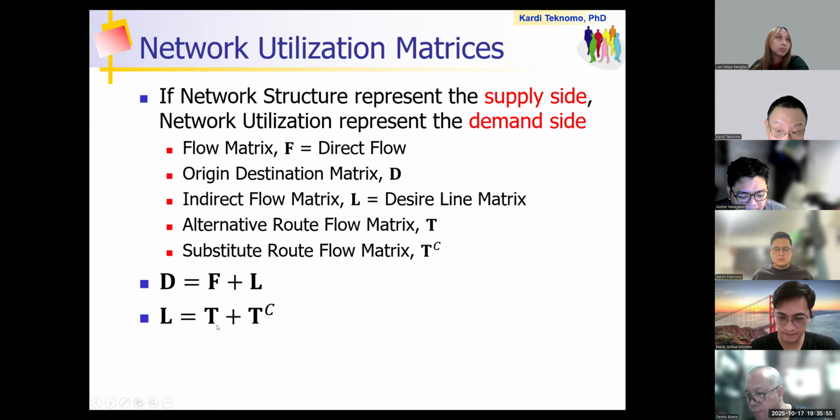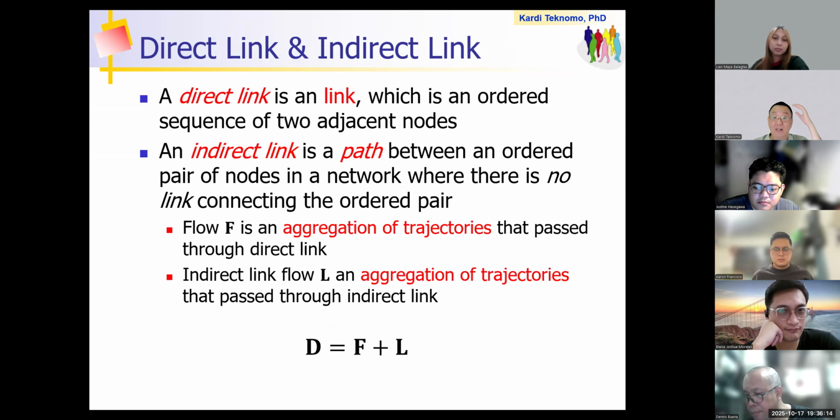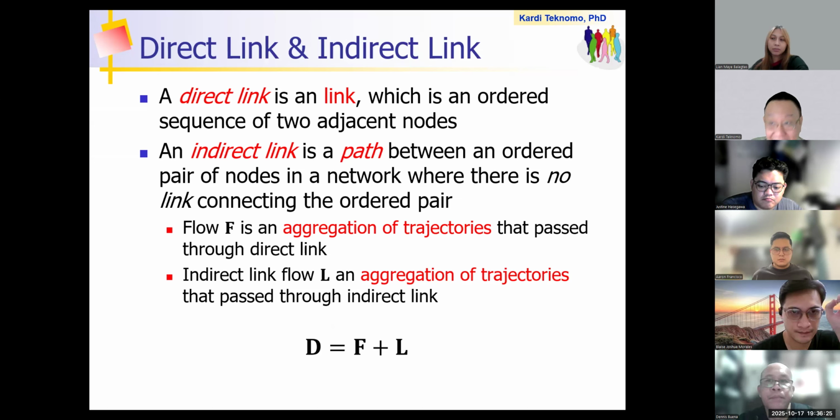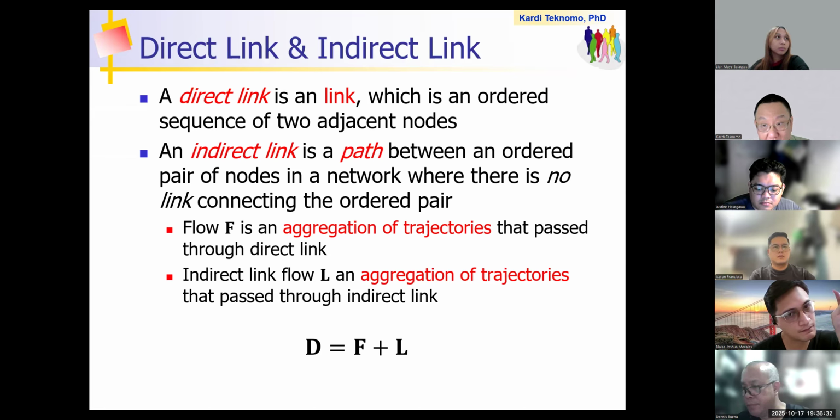This can be divided again into two complementary matrices, alternative and substitute. So L is T and TC, that means a substitute and its complement. Let's define this. A direct link is a link, which is an ordered sequence of two adjacent nodes, while an indirect link is actually a path between two ordered pair of nodes in the network, but there is no link connecting the ordered pair.